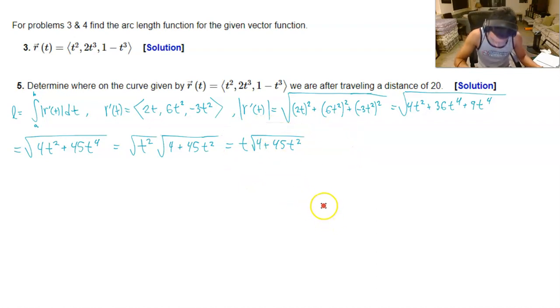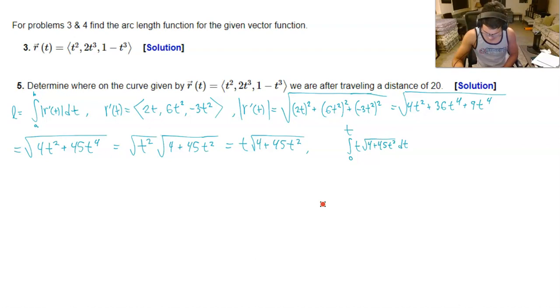And what we want to do is integrate from 0 to t of t times the square root of 4 plus 45t squared dt.